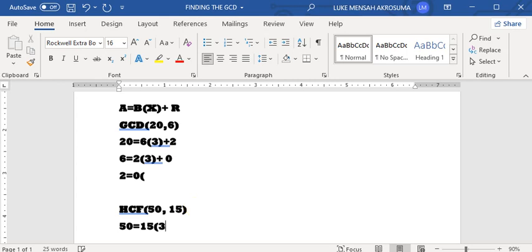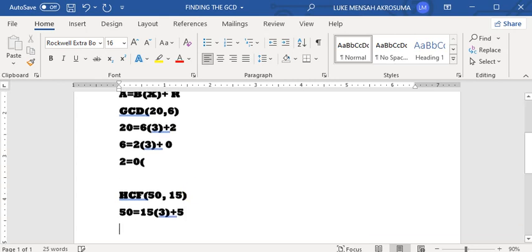That should be 3. The product of 15 and 3 is 45, and the remainder to get to 50 is 5.